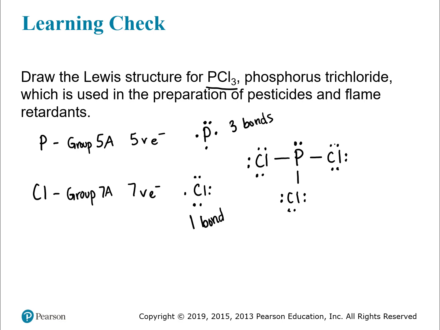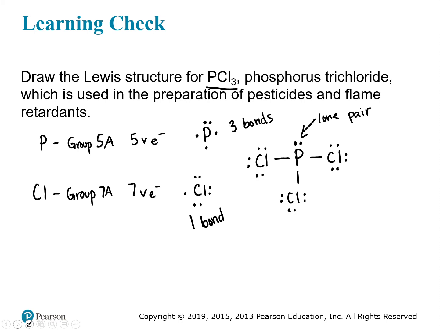The purpose of the Lewis structure is to show the arrangement of the atoms and also valence electrons. So phosphorus has a lone pair, even though it is bonded to 3 other things. So that is the Lewis structure for phosphorus trichloride.